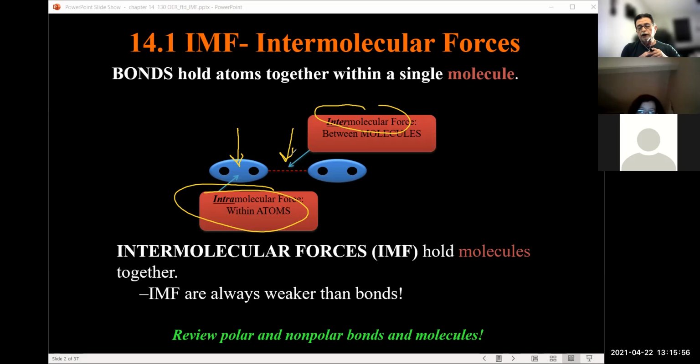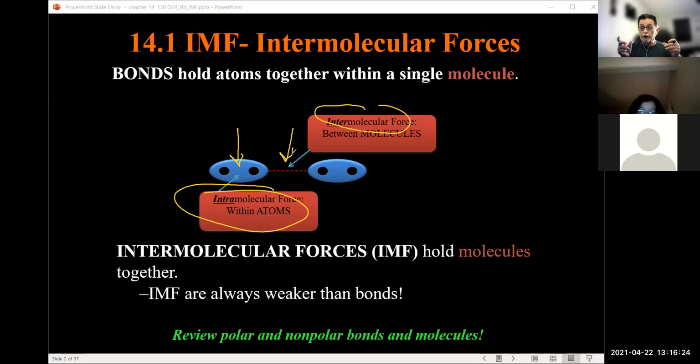Some of these interactions are pretty strong. If we look at water, for example, water boils at 100 degrees Celsius, or 212 Fahrenheit. That's a reasonably high temperature. And if you look at drinking alcohol, ethanol, it boils at somewhere in the order of 78 degrees Celsius. Now, they share a lot of common properties.